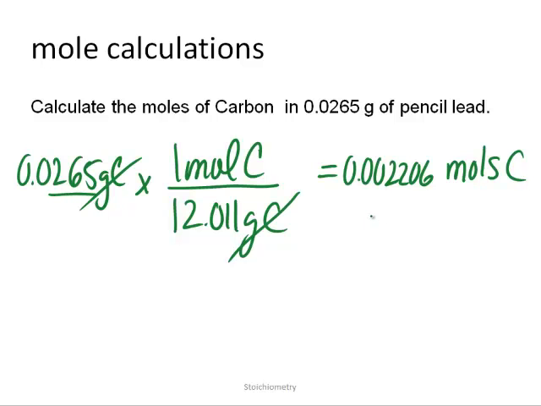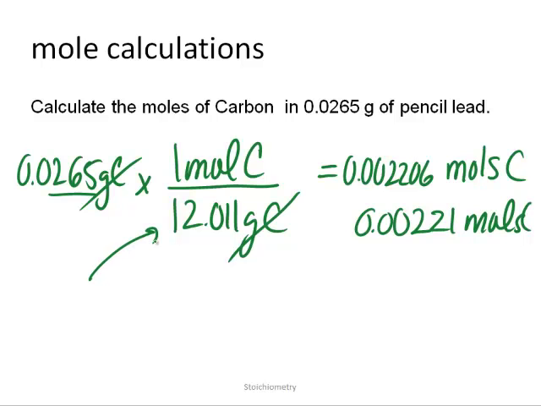There's 3 significant figures here, so that's 0.00221 moles of carbon. Okay, word about significant figures. I generally suggest using all of the digits that are available on the periodic table that you're using. If they give you 5 sig figs for carbon, you should use 5 sig figs for carbon. That way it won't limit your calculations.